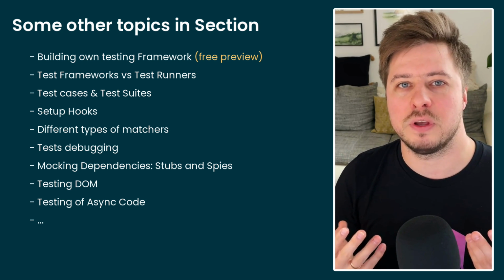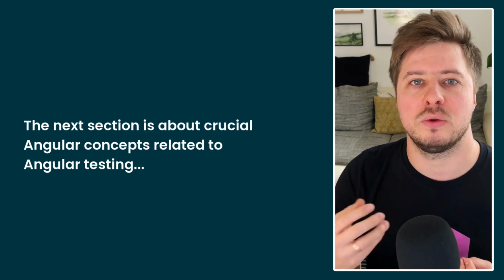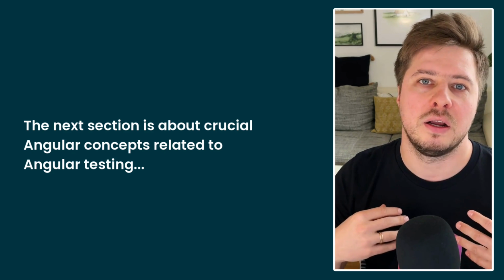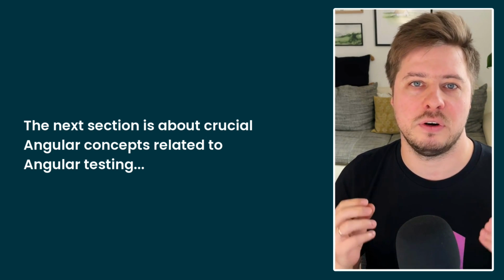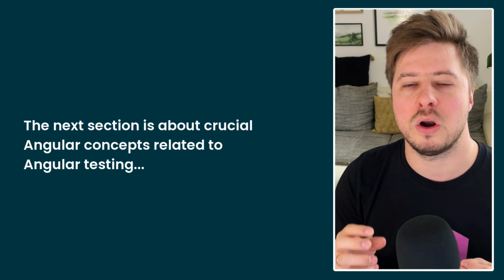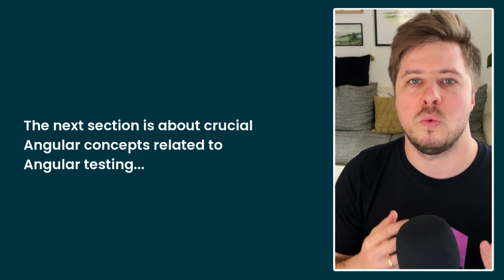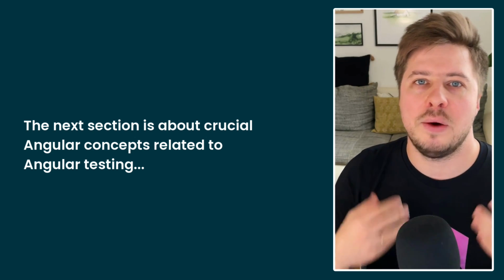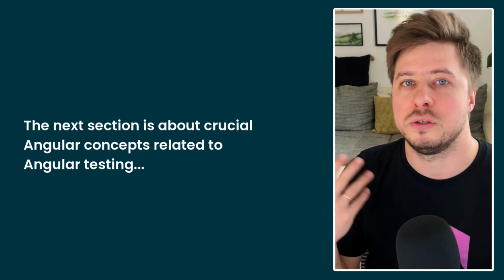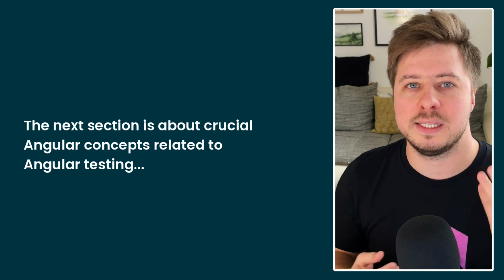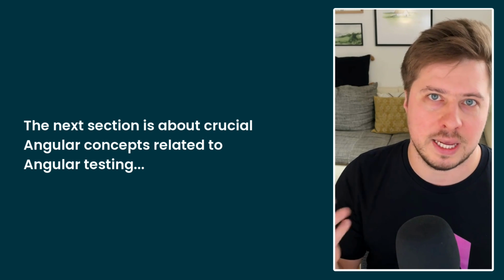The next section of the course is dedicated to some Angular concepts that are crucial for moving forward. So before we write the very first unit test with Angular, we have to recap what dependency injection is, how it works in Angular, how change detection works, and other topics. So now let's have a look at one such lesson.